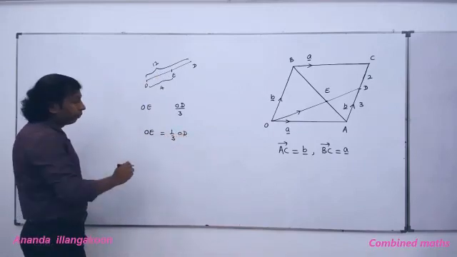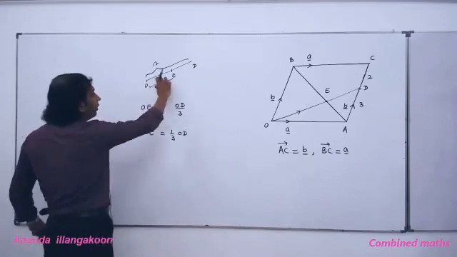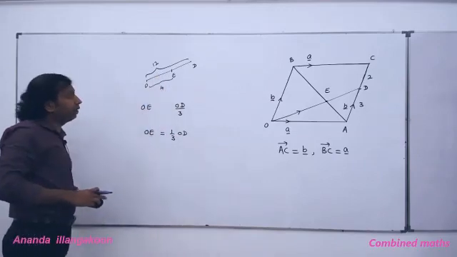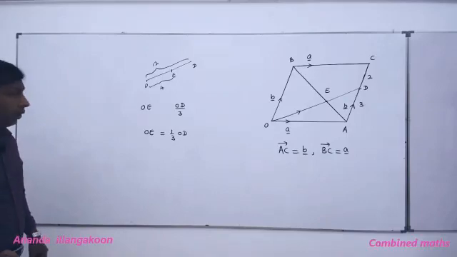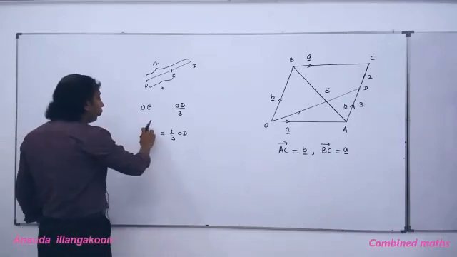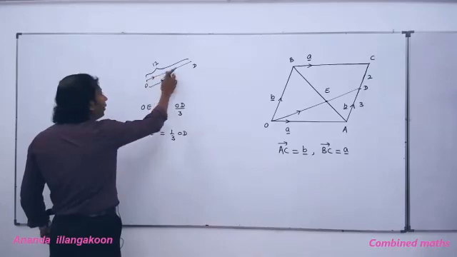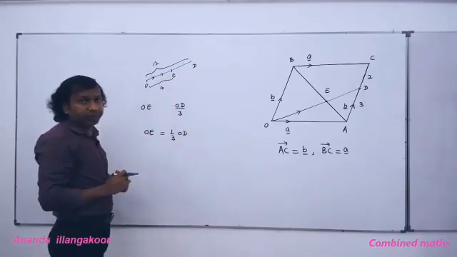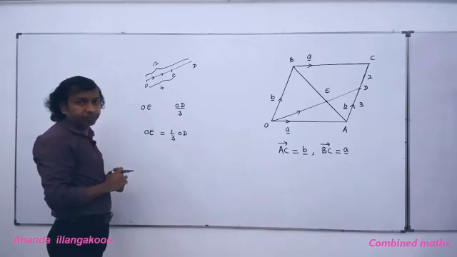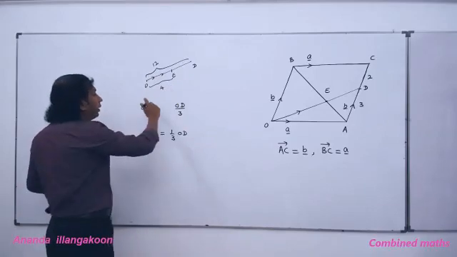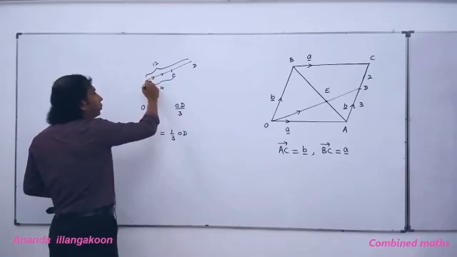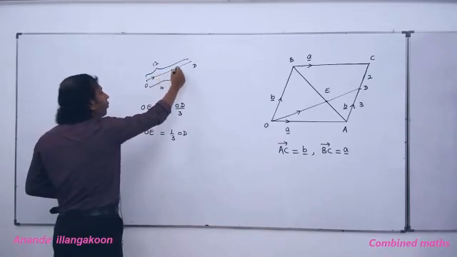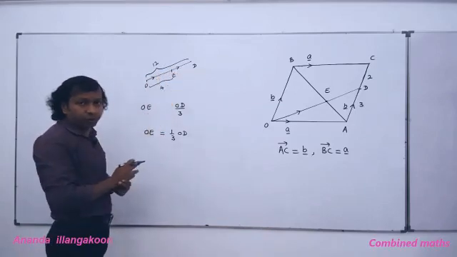Now I got this relation by considering the actual lengths of OE and OD. However, OE and OD are on the same line, therefore they are parallel. And when I put the arrows going out from O for both OE and OD, the directions are also the same.